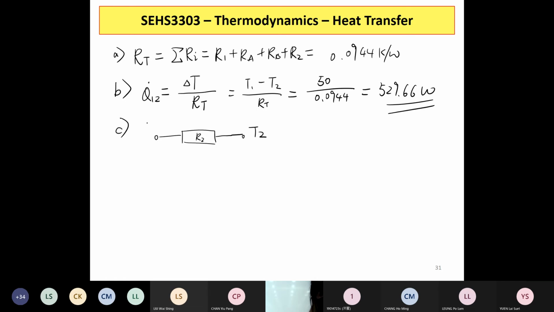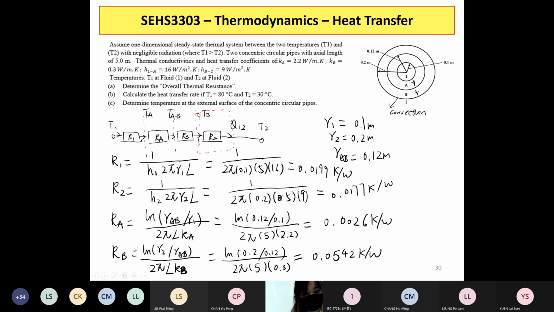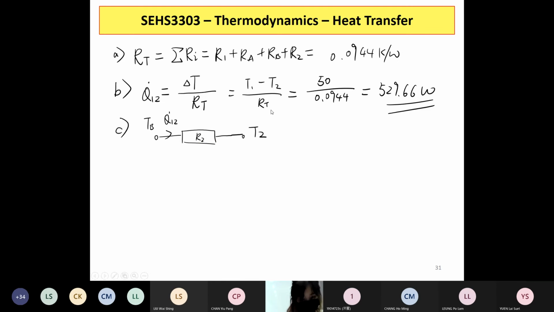So what we can do is, this is T2 and this is TB. We have Q for this circuit. We just look at this part, right? By using Q dot is constant through the whole circuit, we can get TB minus T2 over R2, right?